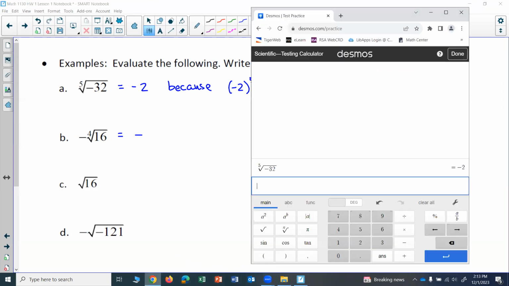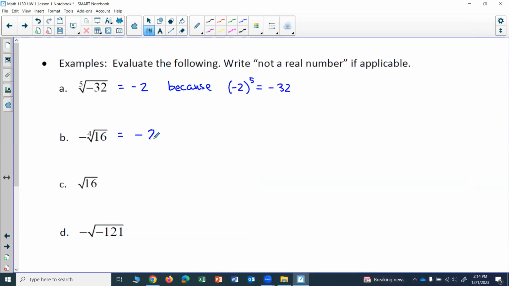So if you're using the calculator, you go ahead and use that nth root button, and you'd put the fourth root of 16. The fourth root of 16 is 2, so my result is going to be negative 2 because I had that negative out front. So the negative comes from that negative that's out front of the radical.